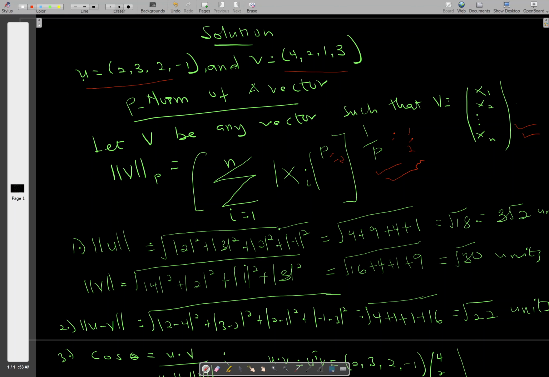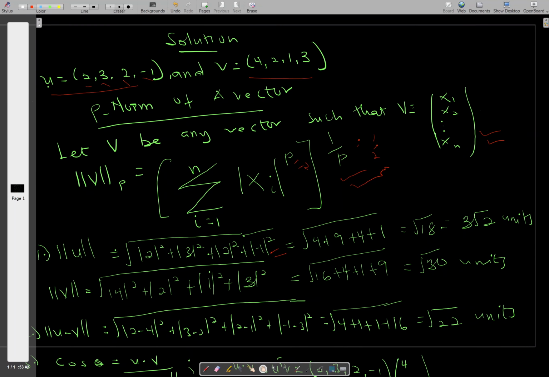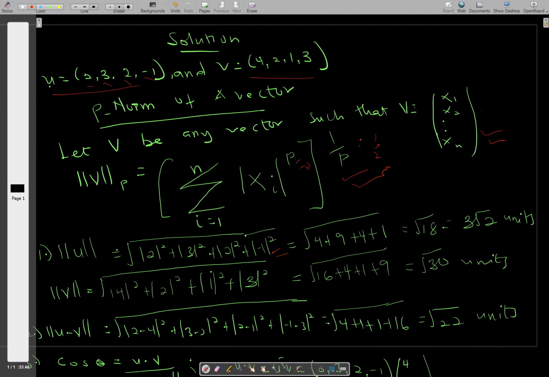So the norm of u is given by the absolute of 2 squared plus the absolute of 3 squared plus the absolute of 2 squared plus the absolute of negative 1 squared, all under a square root, or to the power half. When you simplify this, you get 3 root 2 units.